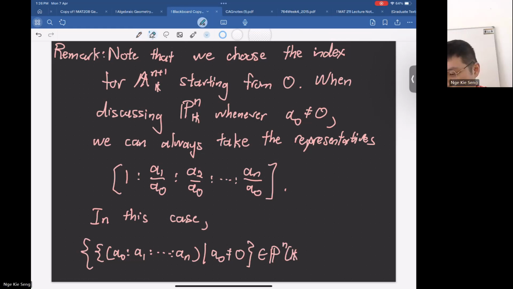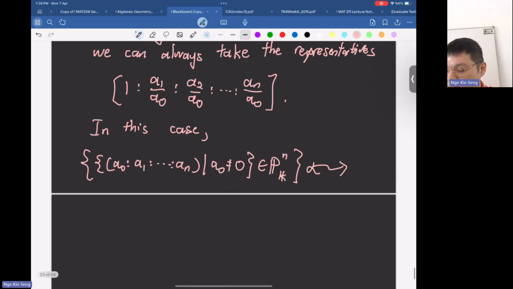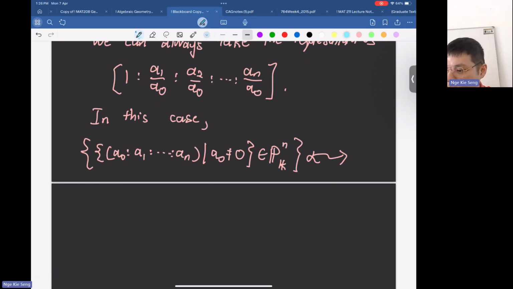I changed this notation already. Let's write down this set and call it U0. We're not looking at just one point here, but multiple points.